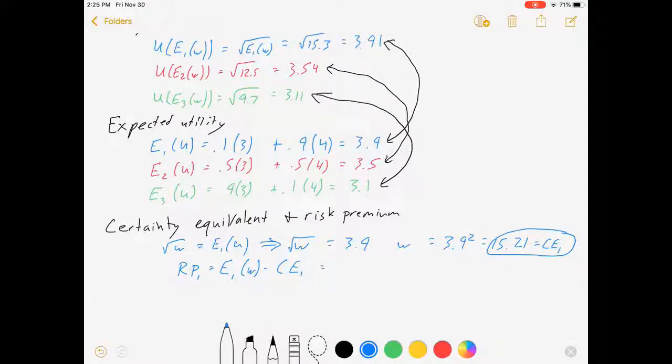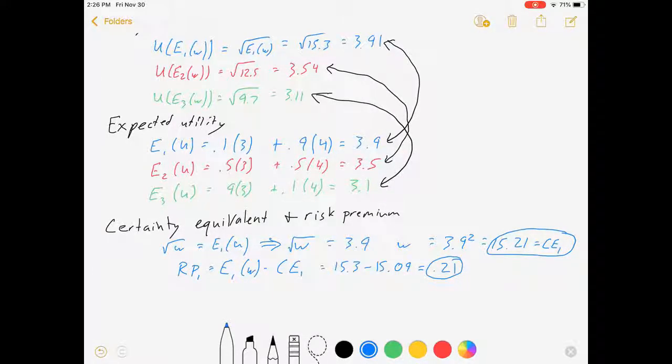So this is 15.3, that was our expected value, minus our certainty equivalent, 15.09, equals 0.21. So 15.21 is the level of wealth at which we're indifferent, which means we're willing to give up 21 cents to avoid the gamble.